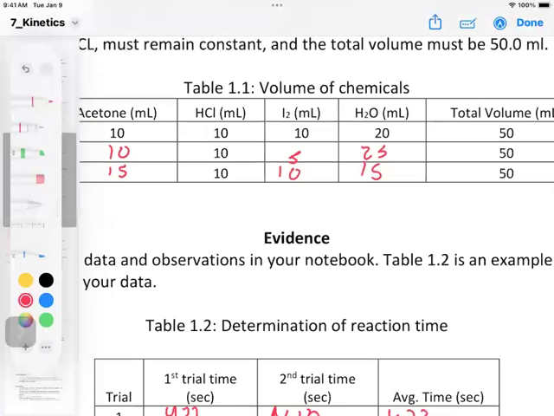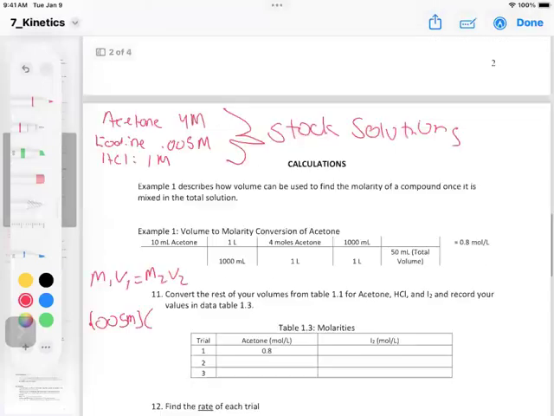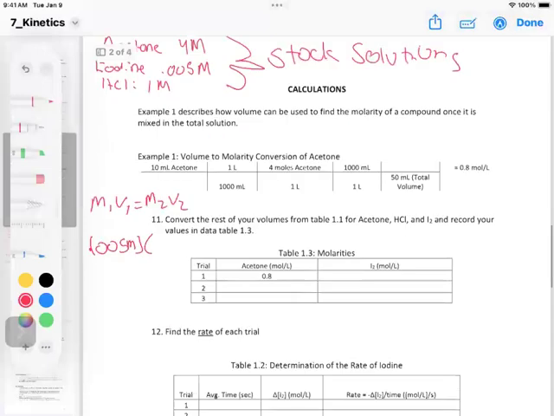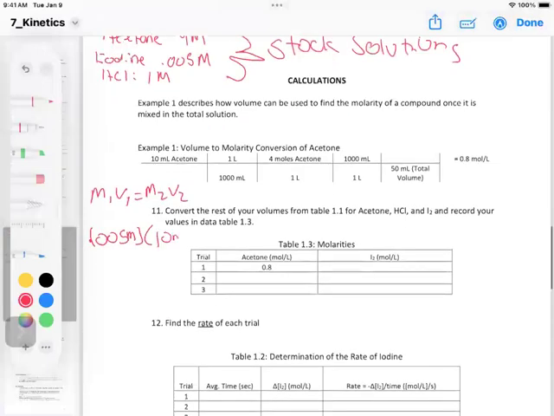For trial 1, that was 10 milliliters if you look at our chart here. We're trying to find M2, and V2 will be 50 milliliters because that's how much we're diluting our solutions in total.